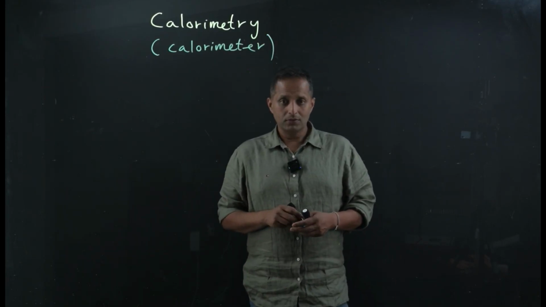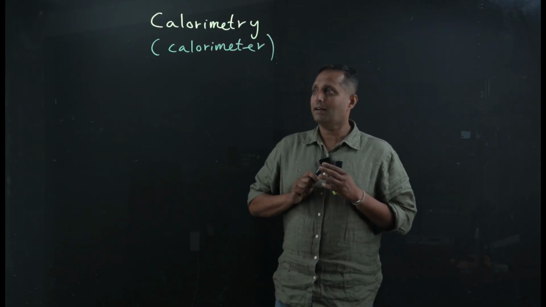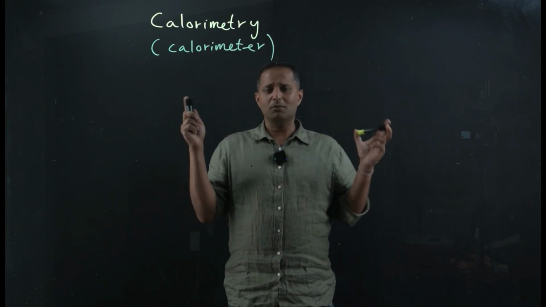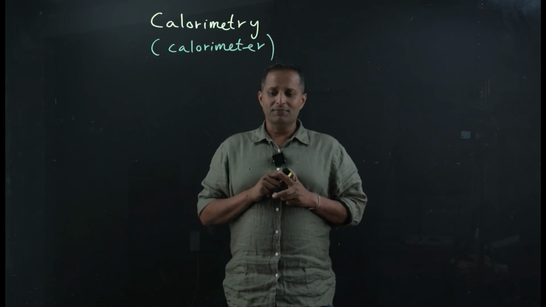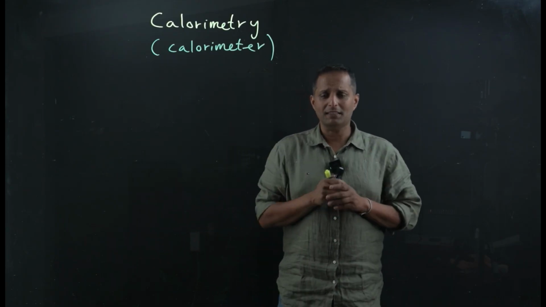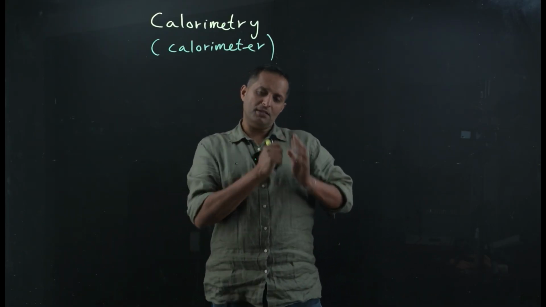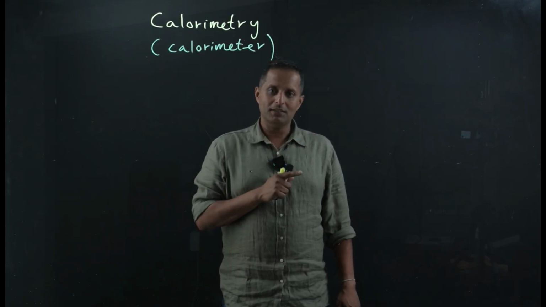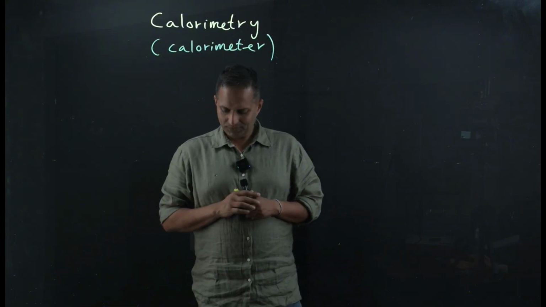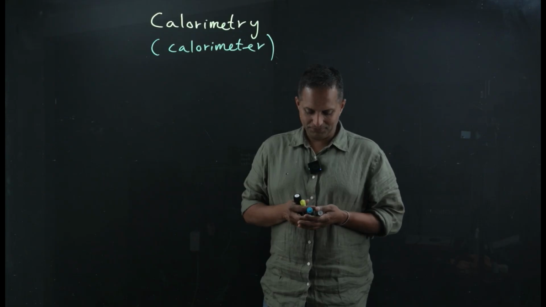Some of you might have found calculations related to calorimeters difficult because there are so many temperature changes and calibration factors, that sort of stuff. It can be a little bit confusing, but if you understand the basic principles, it is not going to be difficult. Is that clear? All right, let's give it a go and see whether we can understand this stuff.